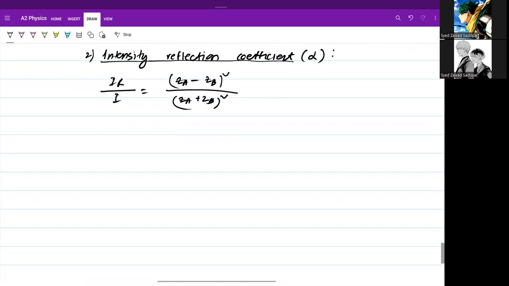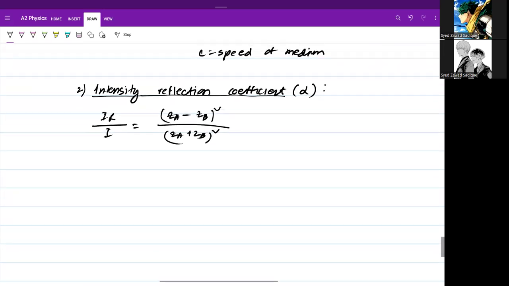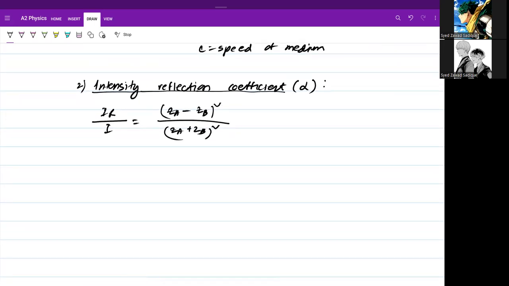Okay, where, actually, intensity reflection slash transmitted coefficient.